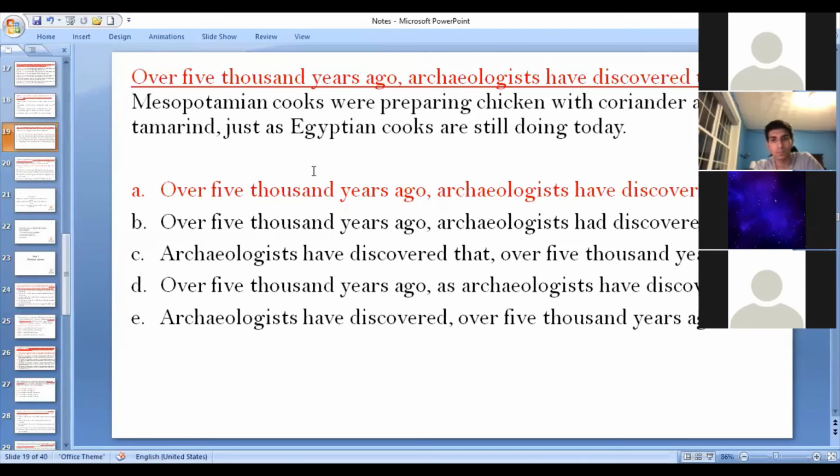Jay, Mehak, 5,000 years ago, what was it? What was 5,000 years ago? Yeah, Calvin. Over 5,000 years ago. What was 5,000 years ago? Chiran? Yeah, Chiran. Andrew, archaeologists 5,000 years ago?